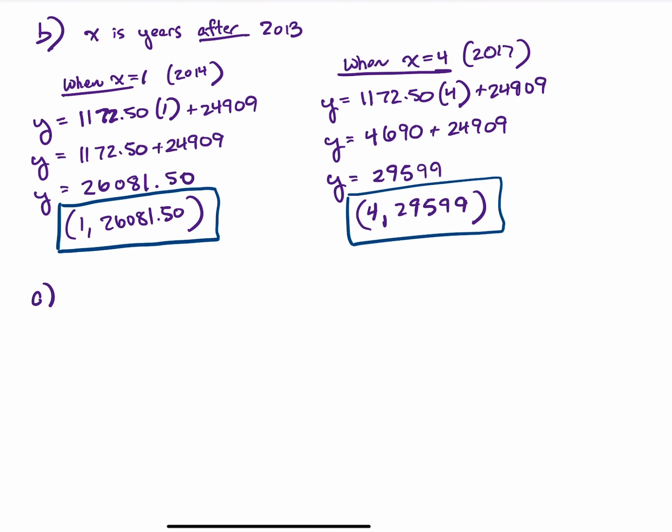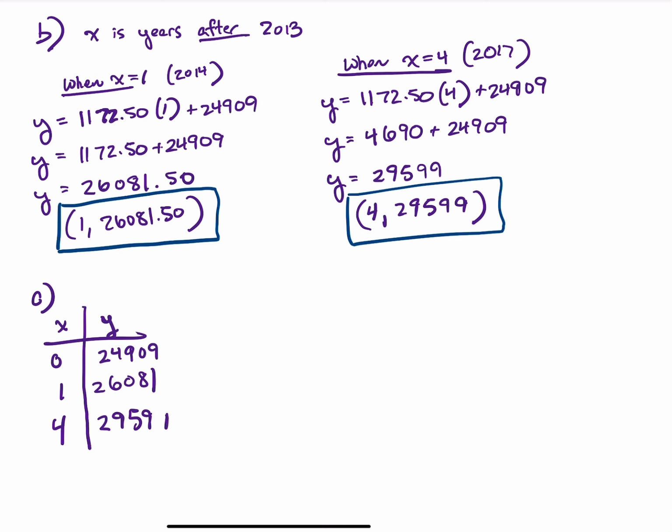This is for part C. We can build x and y values on a table. When x was 0, we just had the 24,909. When x was 1, we got 26081. When x was 4, we got 29,599.